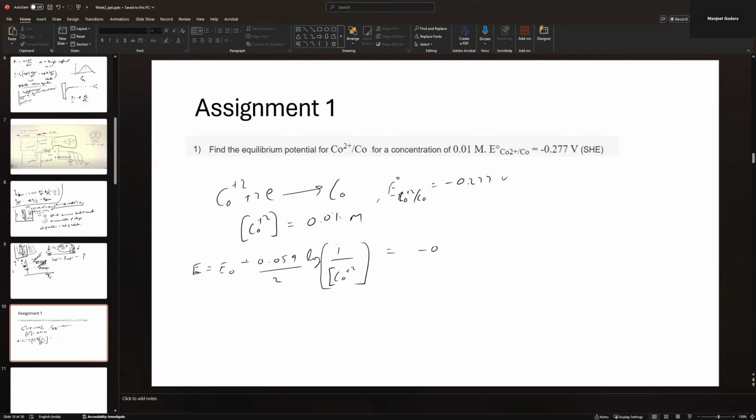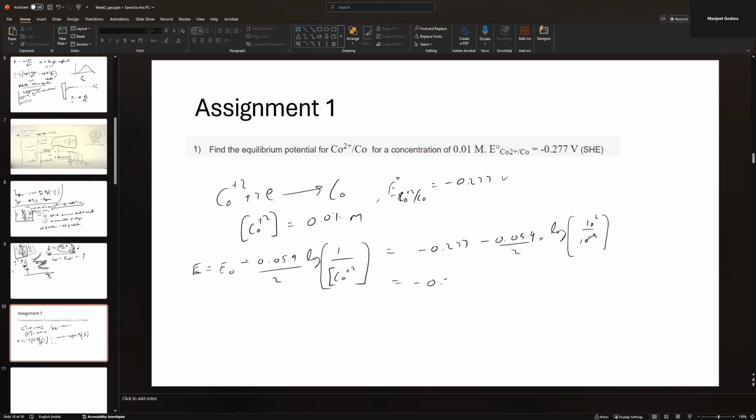So we are given E0 as -0.277, minus 0.059 over 2, into log of 1 over 10 to the power minus 2. So this becomes 10 to the power 2. Log of 100 is 2.